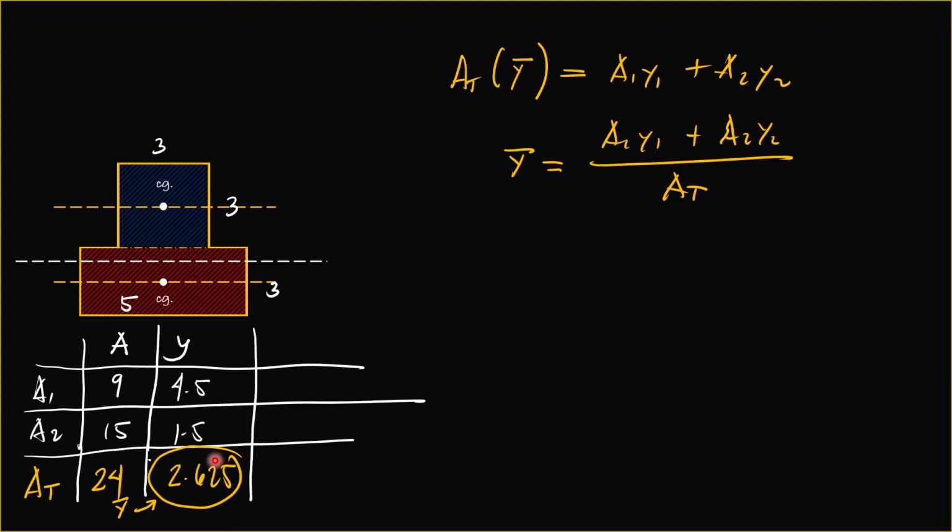So it is smaller, which means our axis is below the junction between the two shapes. Okay, so that is it. The distance from the reference axis, or from the bottom of the composite shape, is 2.625. So that's your axis. This is what we call the neutral axis.